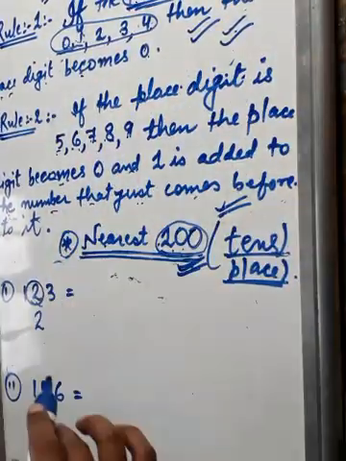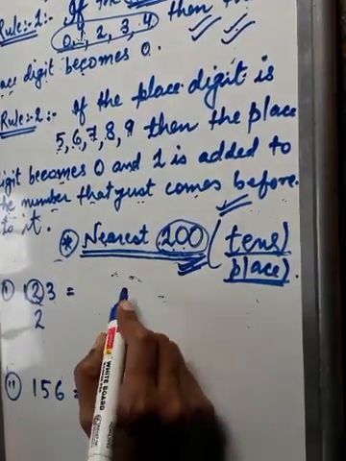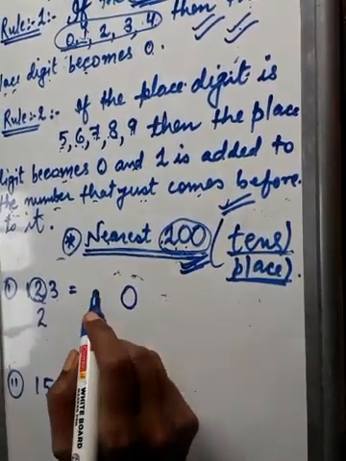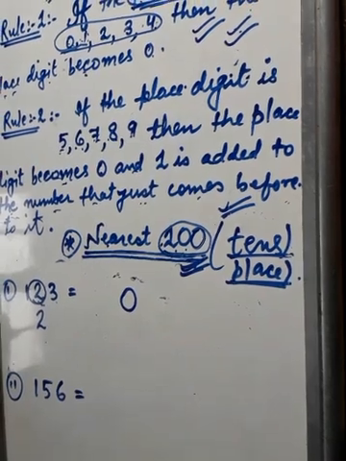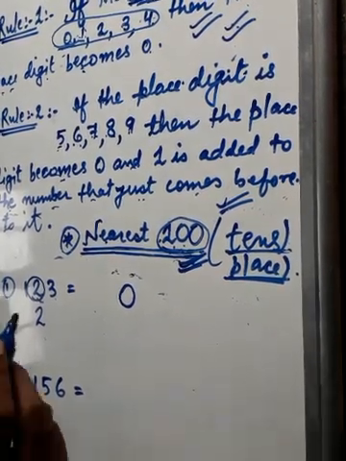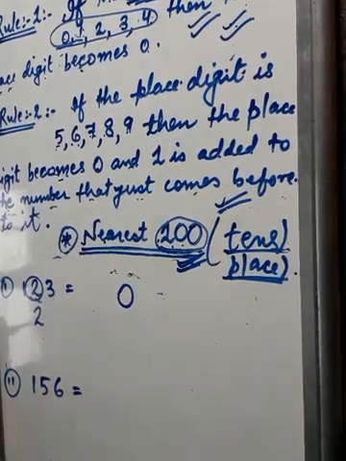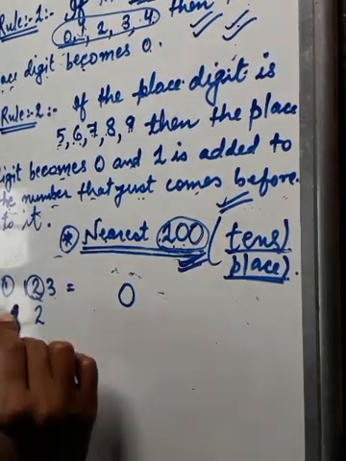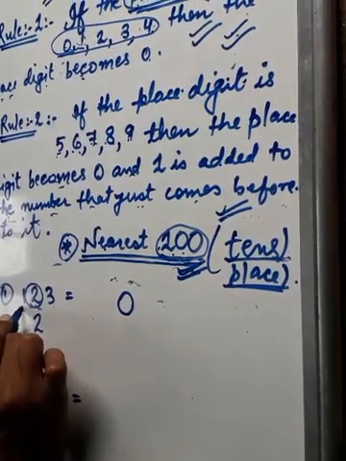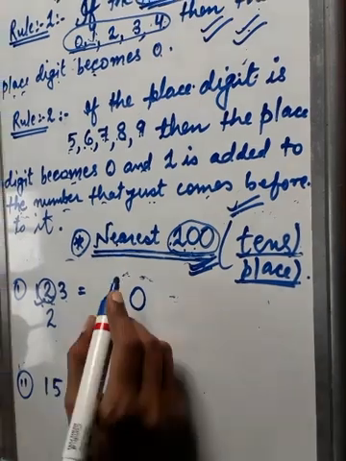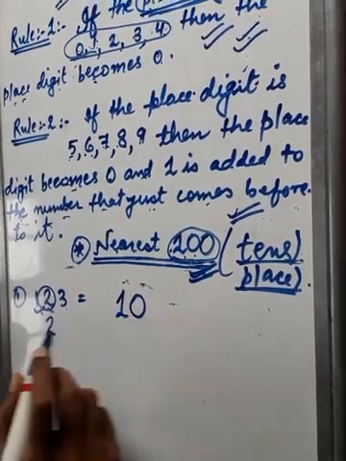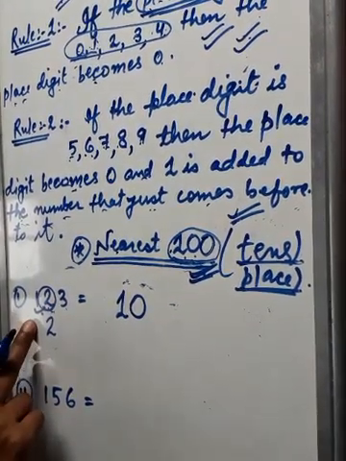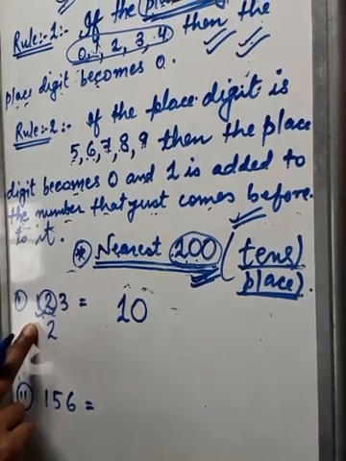So rule 1 says that the digit becomes 0 and the digit that just comes before it is written the same as in the question. It means that we are going to write down the digit that just comes before it. What was the digit that just comes before it? That is 1.